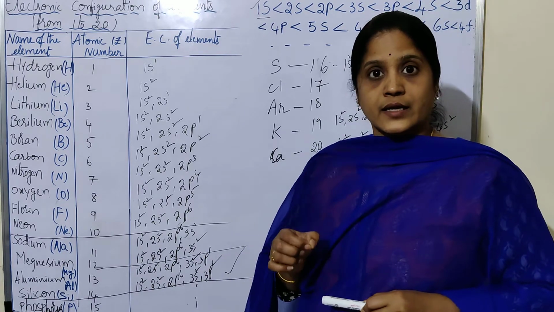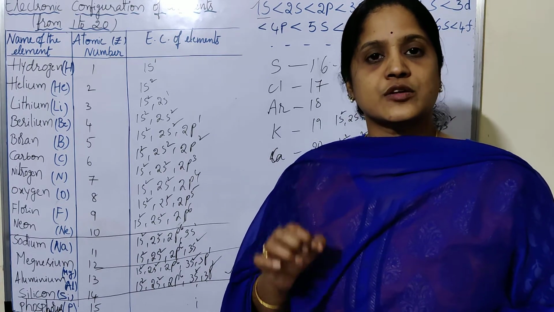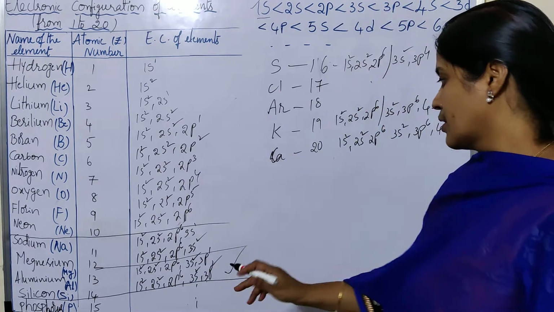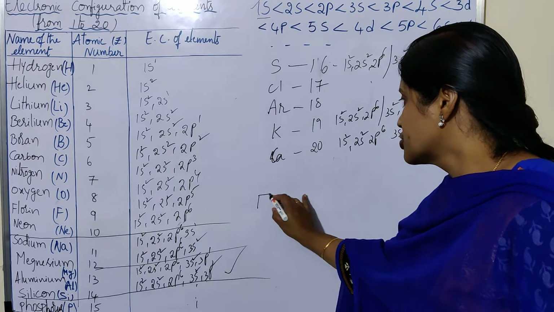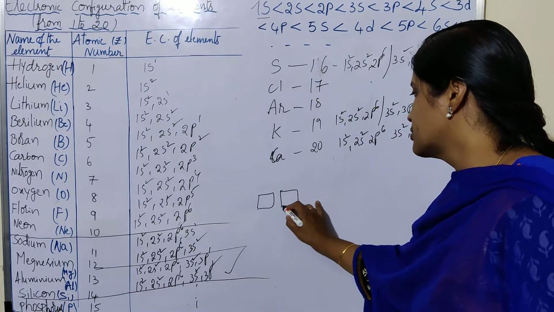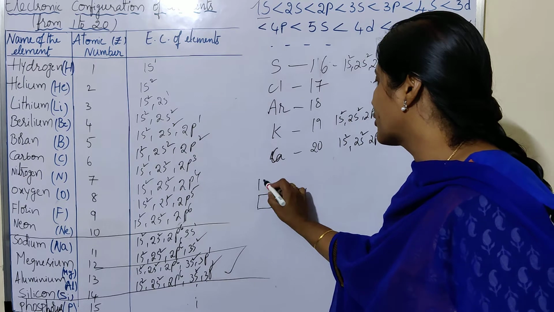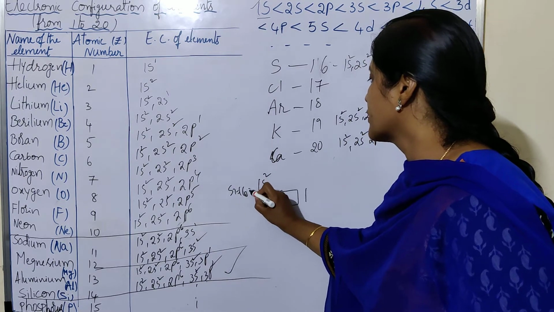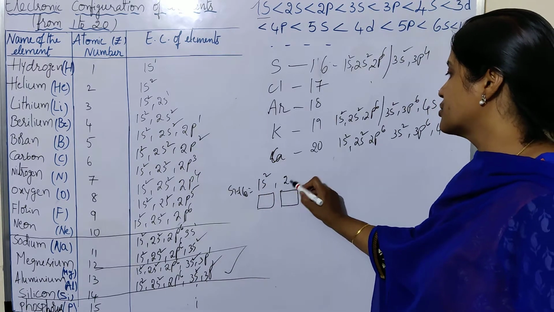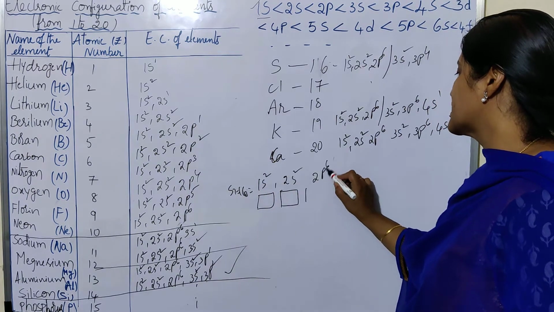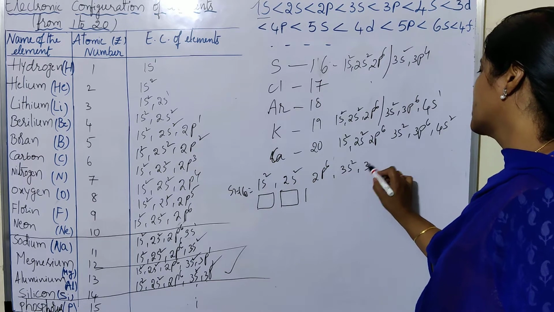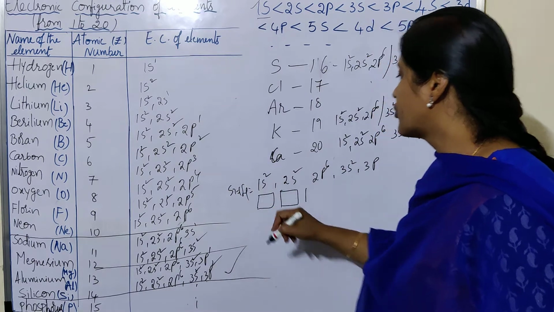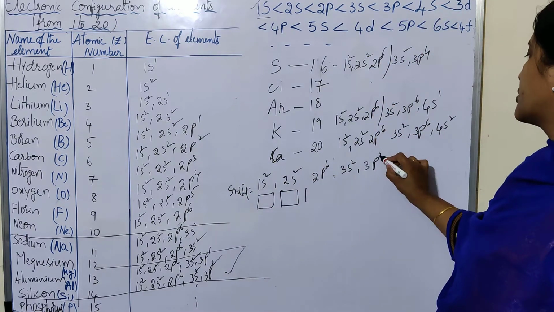So write the arrangement or distribution of electrons in the orbitals. How to write it? What is the electron configuration of silicon? Sorry, it is 14: 1s2, 2s2, 2p6, 3s2, 3p2.